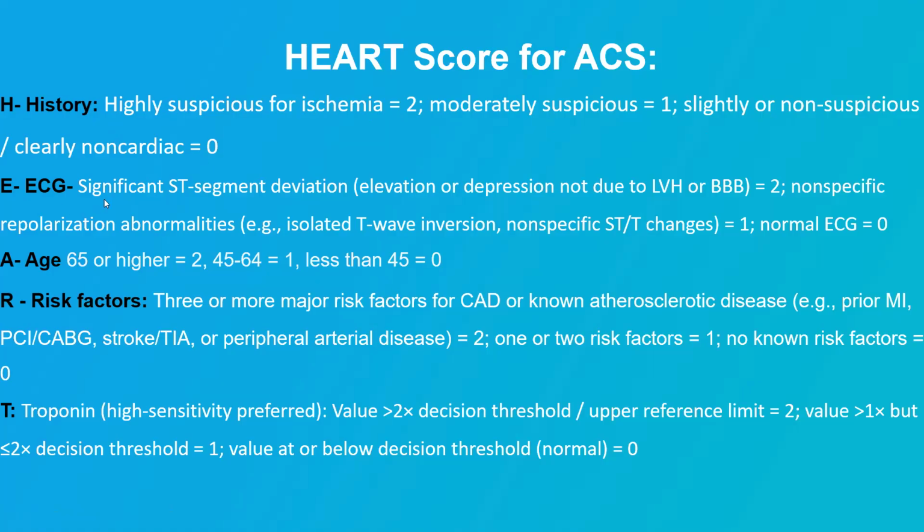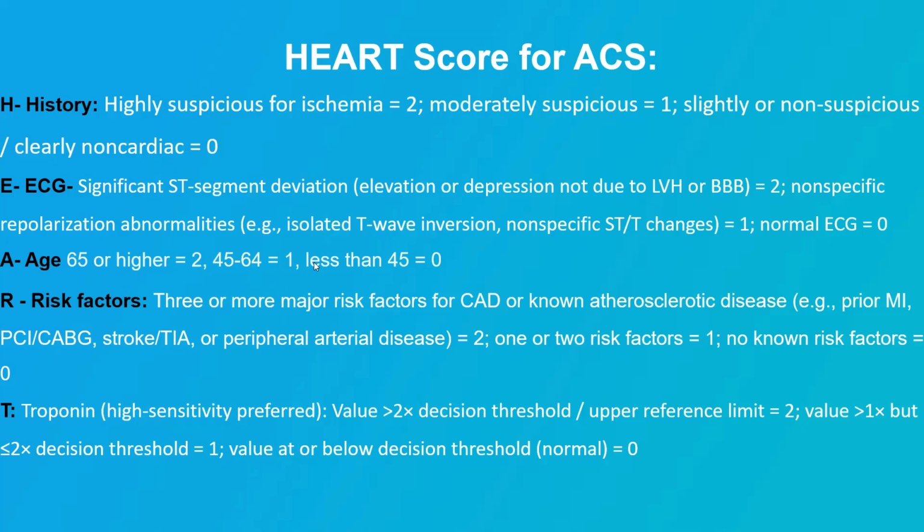EKG or ECG: if there is significant ST segment deviation, elevation or depression, that's not explained by left ventricular hypertrophy or bundle branch blocks, they get 2 points. If it is non-specific abnormalities like isolated T wave inversion or non-specific ST-T changes, they get 1 point. Normal ECG, 0 points. Age 65 or higher, 2 points.